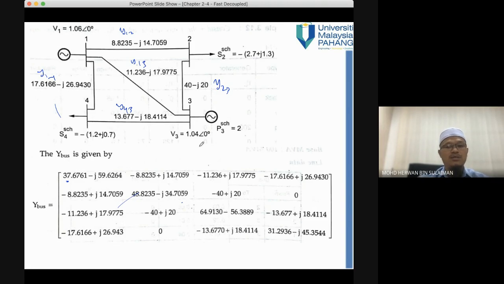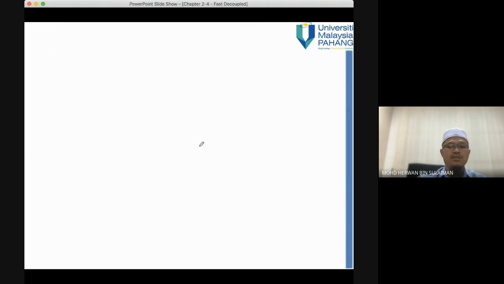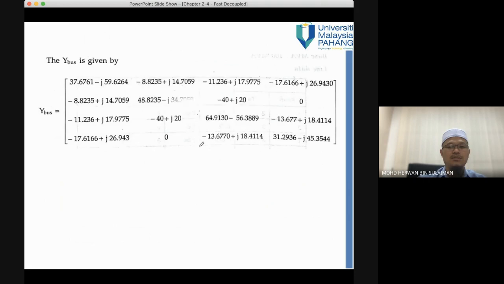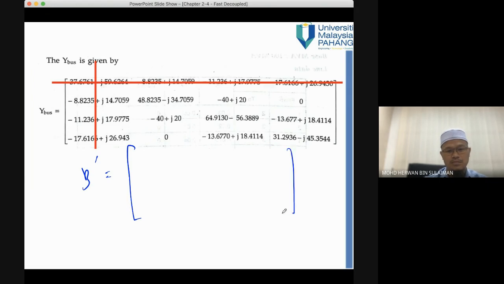Next, apa yang perlu buat? Kita construct B prime. So B prime sekarang ialah 3 kali 3 kan? Sebab you punya N 4 tolak 1, 3. So tinggal 3 lah. So cuba buat. So B prime, ambil value B saja. Tak perlu J ya.